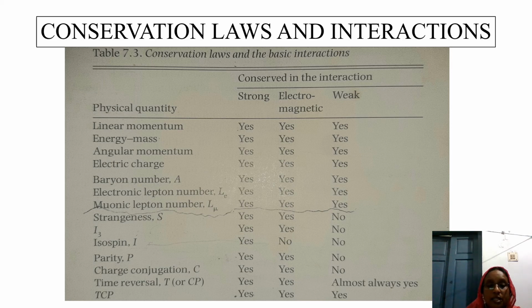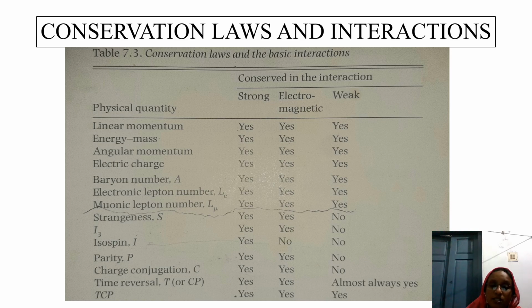Similarly, parity is obeyed by strong and electromagnetic interaction, but it gets violated in the case of weak interaction. Charge conjugation is obeyed by strong and electromagnetic interaction, but it gets violated in the case of weak interaction.